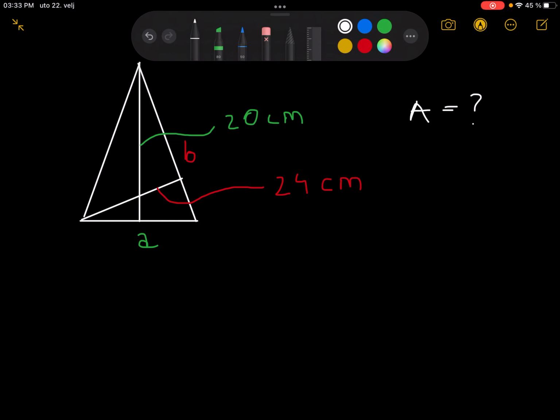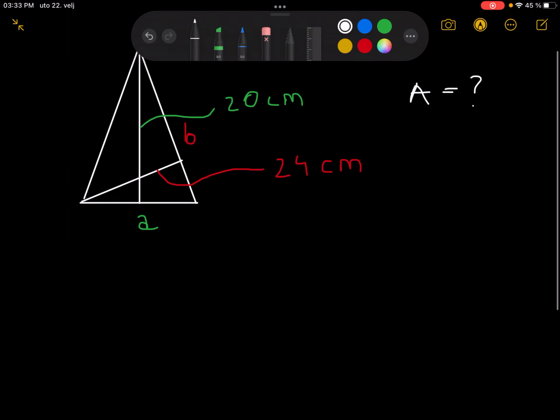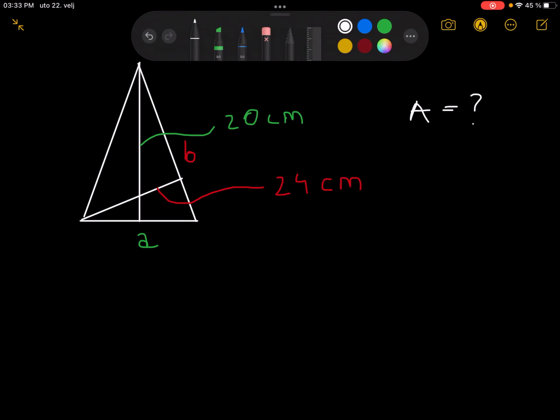So first of all, let's say that this 24 centimeters is equal to HB, and this 20 centimeters is equal to HA.